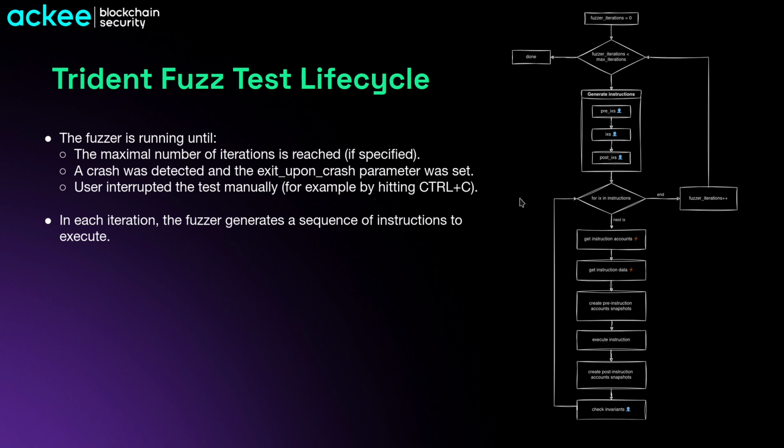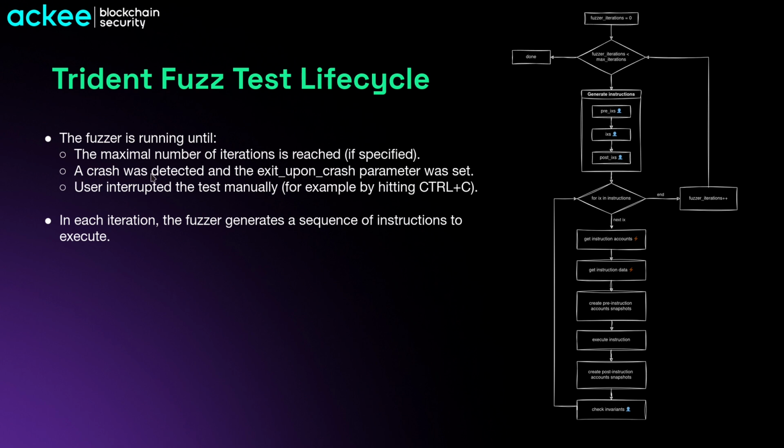It runs within the loop until an end condition is met. The first condition that can end the loop is that the maximum number of iterations is reached, if a max number is specified. Of course, you could leave your fuzzer running indefinitely.